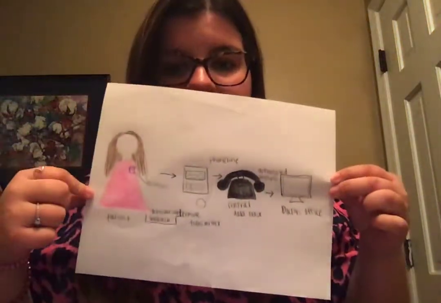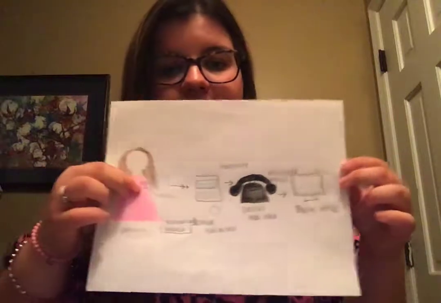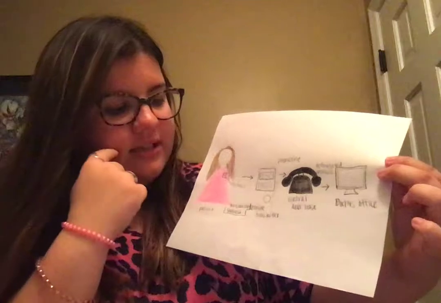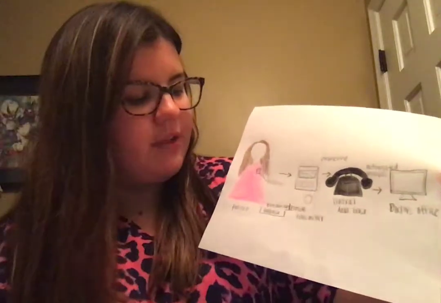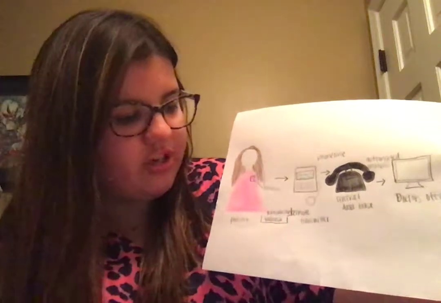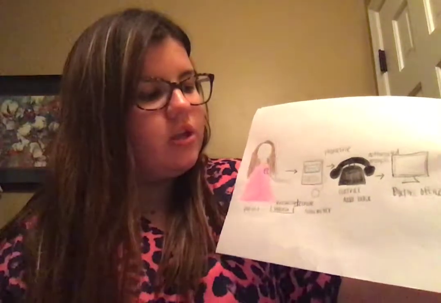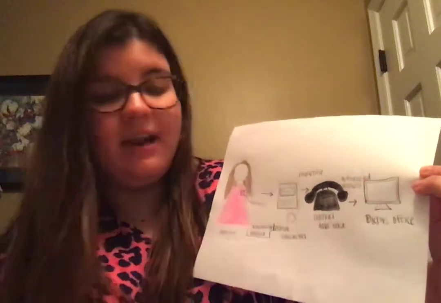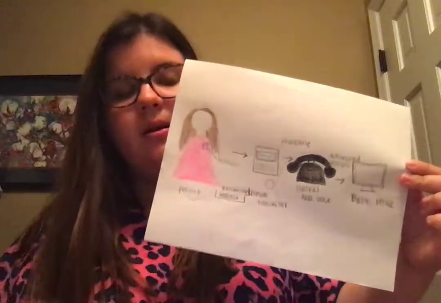So I drew my model of communication, and you have the patient that has the pacemaker, and then the signals of the pacemaker get sent to the remote transmitter. Between the patient and the transmitter, there's a transmission feedback, and then onto the remote transmitter to the central database, which would be the phone line.